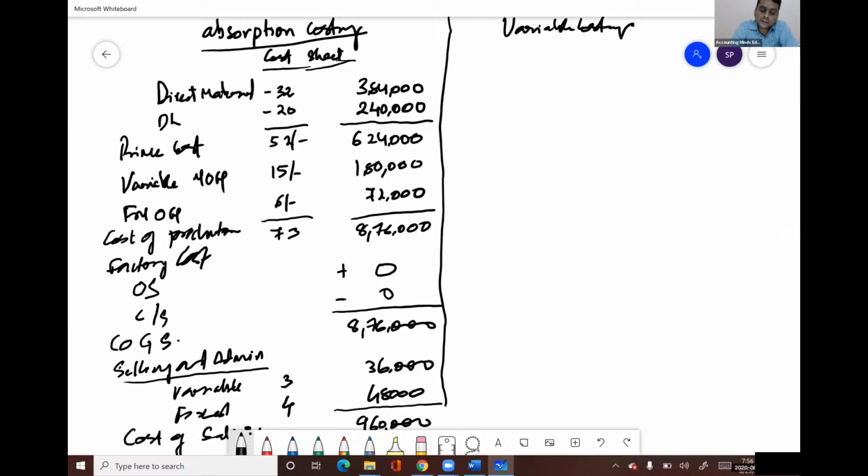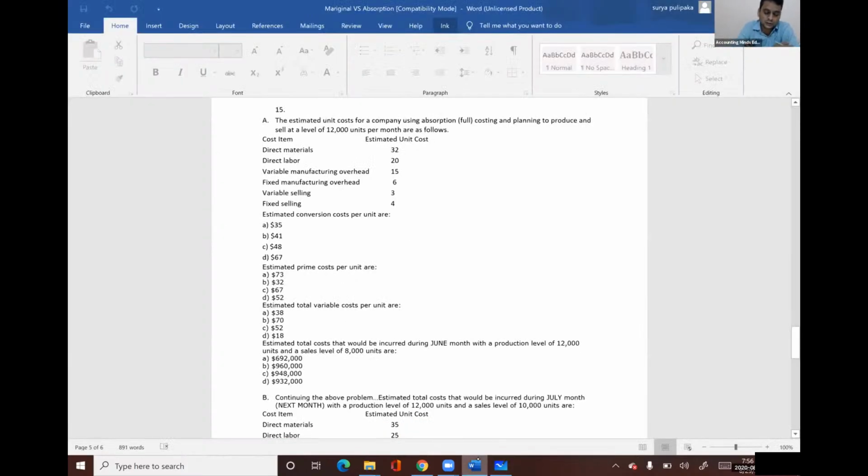All of you getting it? Sanjana following it? Yes, sir. So what is the answer for conversion cost here? Conversion cost is 41. Make sense?